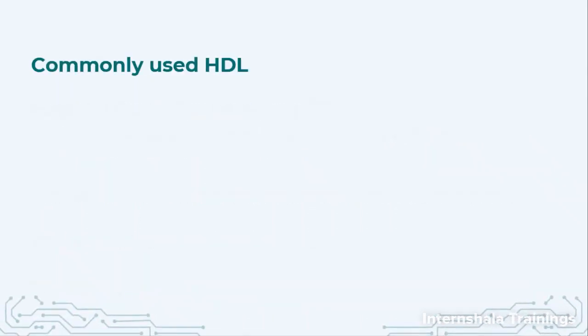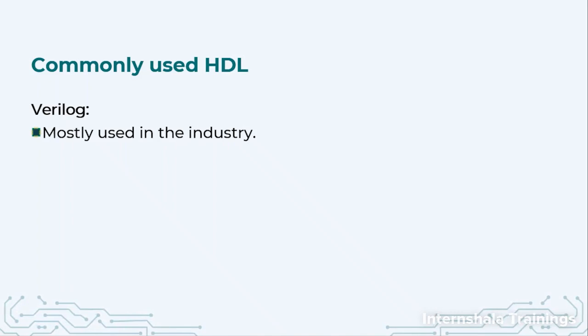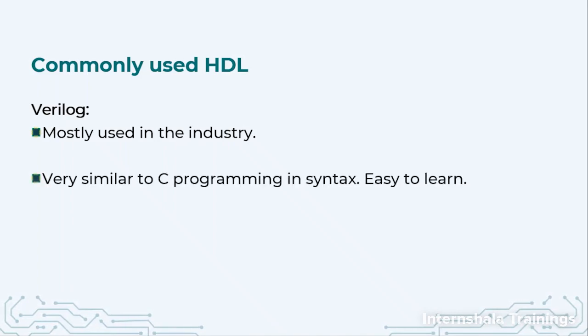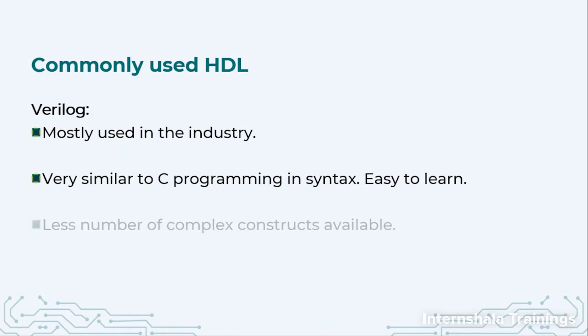Let us talk about some commonly used HDL. There are two. The first one is Verilog and the second one is VHDL. Let us talk about Verilog. So Verilog is mostly used in the industry. It is very similar to C programming in the syntax and very easy to learn. In this training, we are assuming that you have no background knowledge of this programming and we will be starting from scratch.